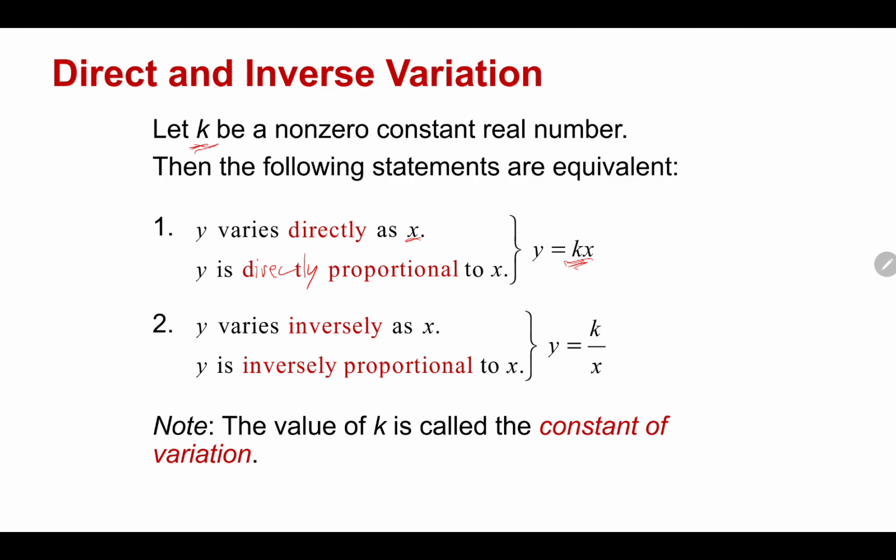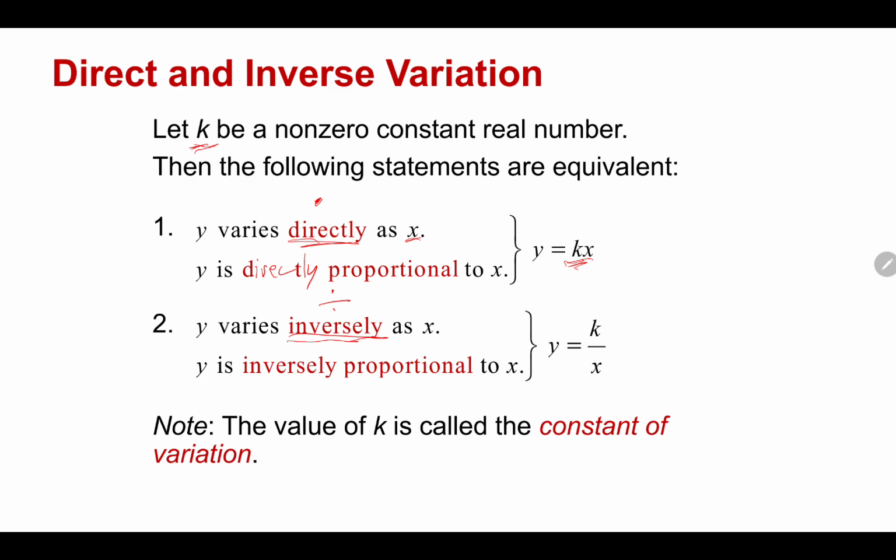Y varies inversely as x, so this is k inversely, so k divided by x. And this here, this means multiplication. Here, this means division, right?